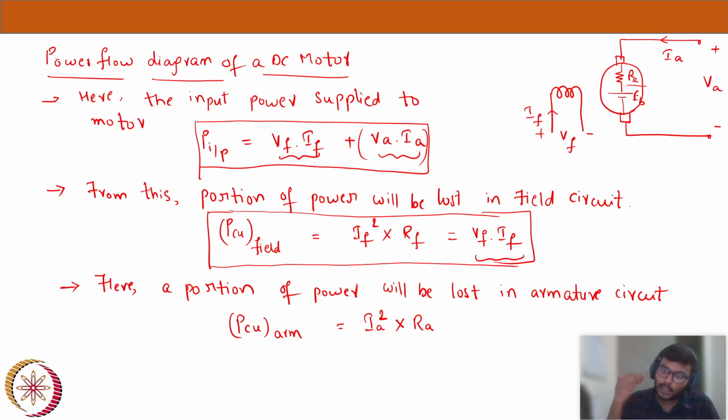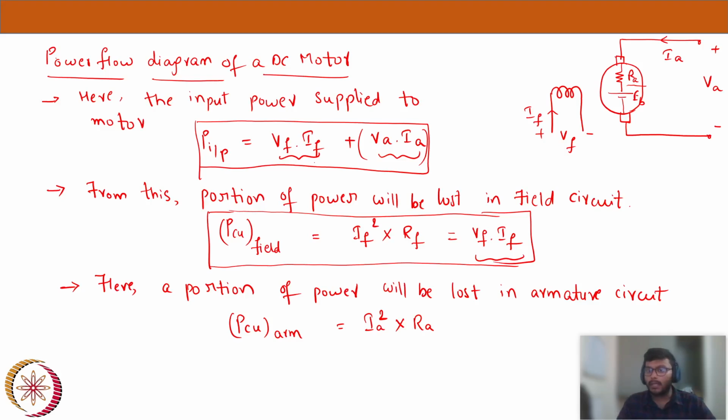Even if there is no load, you have not connected any load, so no current is flowing through the load, that loss will still be there. We call that kind of loss rotational losses. So whenever there is no load, your motor is rotating, and your motor just has to supply those rotational losses.